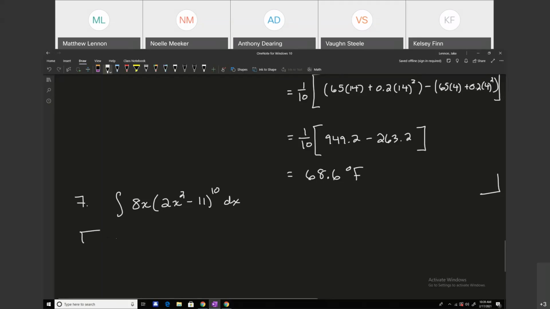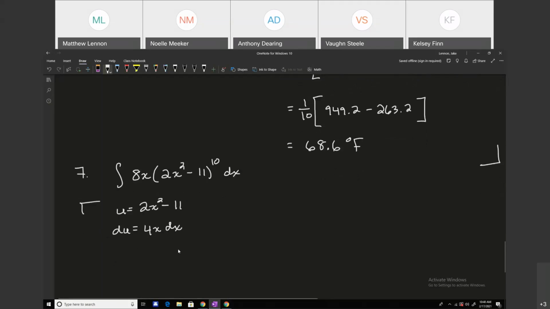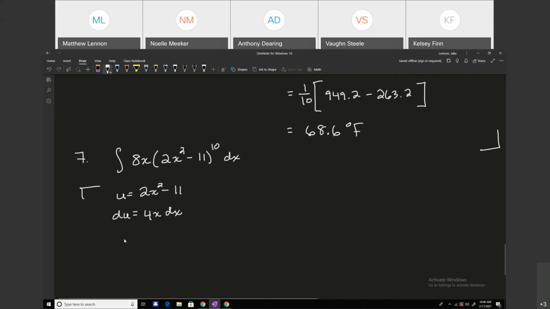So our substitution is just going to be letting u be the polynomial here, 2x squared minus 11. So then du will be 4x dx. And then usually the easiest way for us to do this is to just solve for dx. So divide by 4x. So du over 4x is dx.